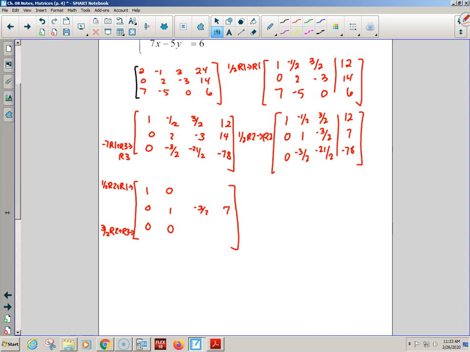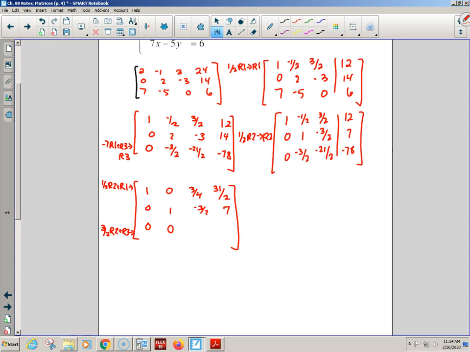So I have 1 half times negative 3 halves. Negative 3 fourths plus 6 fourths is 3 fourths. I always think in common denominators. I like it a lot easier. And I have 7 halves and 24 halves. 7 halves and 24 halves would be 31 halves.